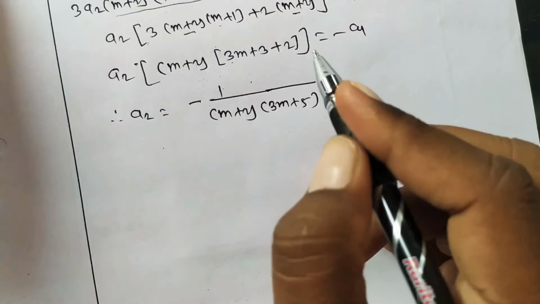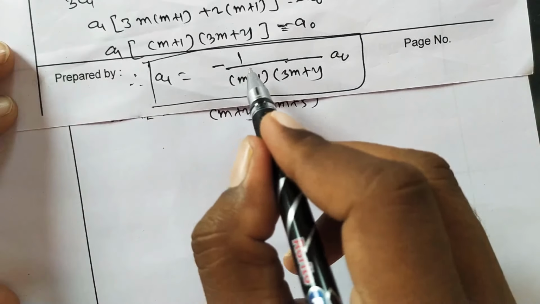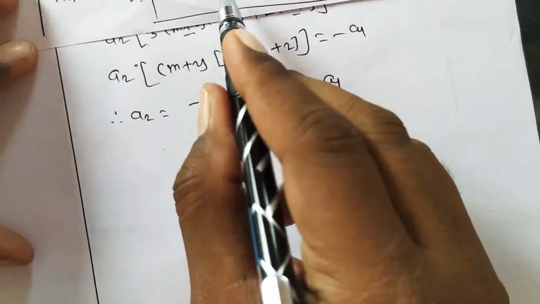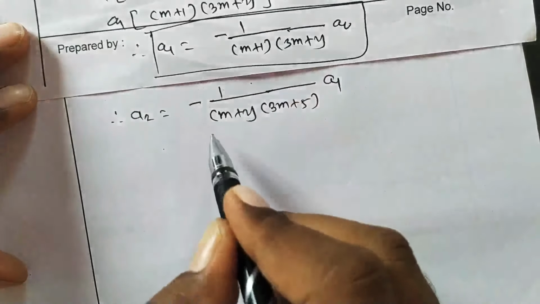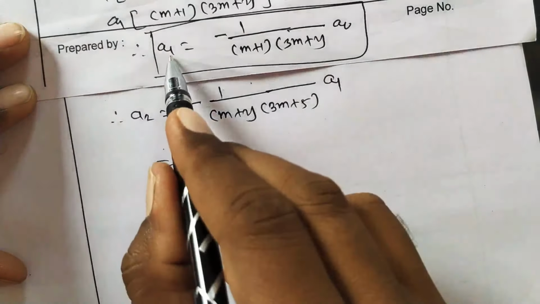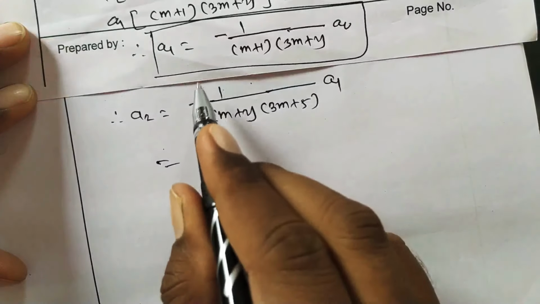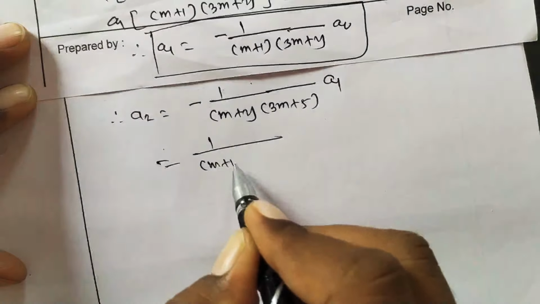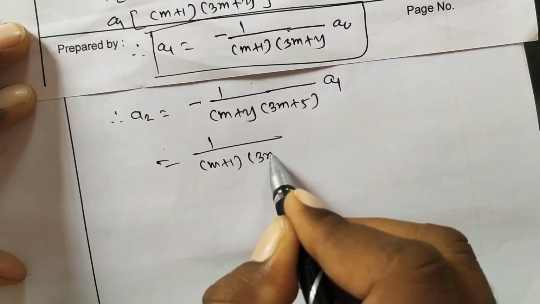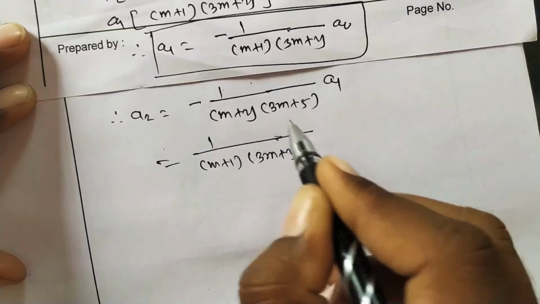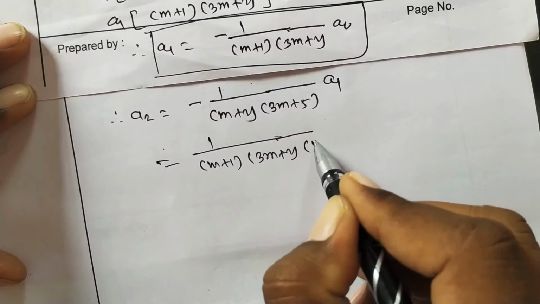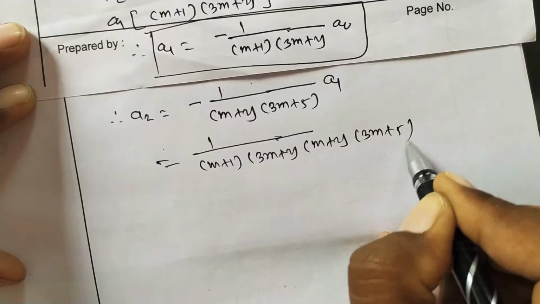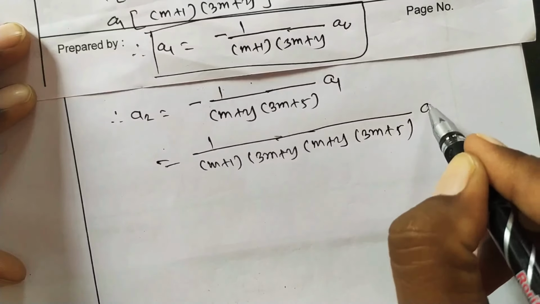And what is the value of a1? a1 we have already found: minus 1 upon (m plus 1) into (3m plus 2) into a0. So this minus and this minus is plus. Putting the value of a1 here, we get plus 1 upon (m plus 1)(3m plus 2), this is a1, into (m plus 2)(3m plus 5) into a0.